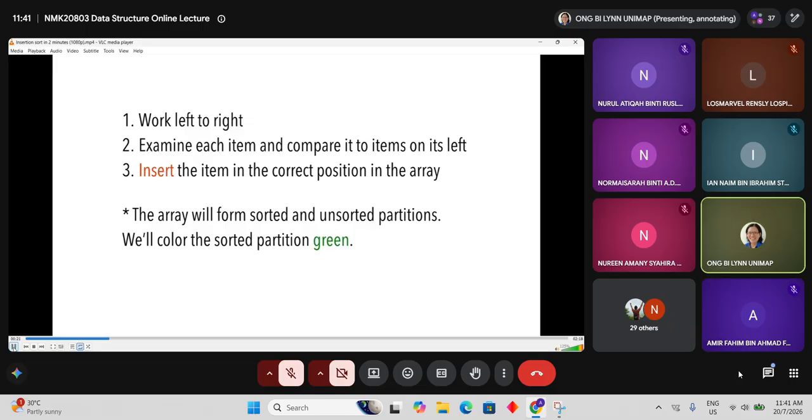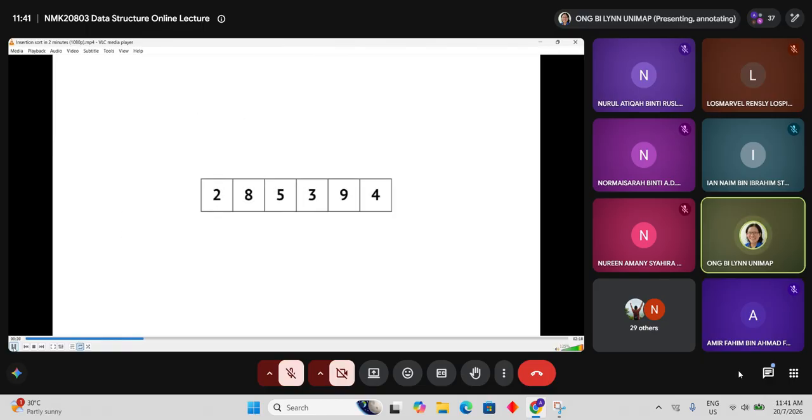In the array, you'll notice that part of our array will be sorted as we progress. We'll mark those items with the green background. Let's begin and you'll see what I mean. We start at 2. Of course, there are no items to the left of 2, so we mark it as sorted. Moving on to 8, we compare it to 2 and leave it where it is.